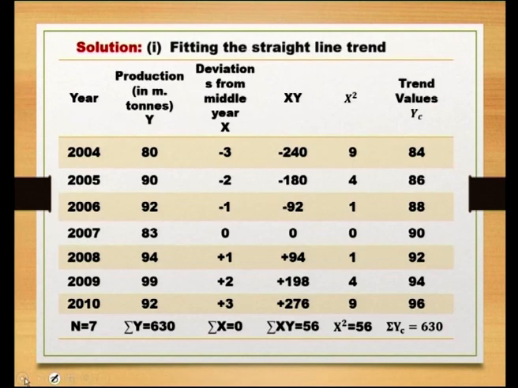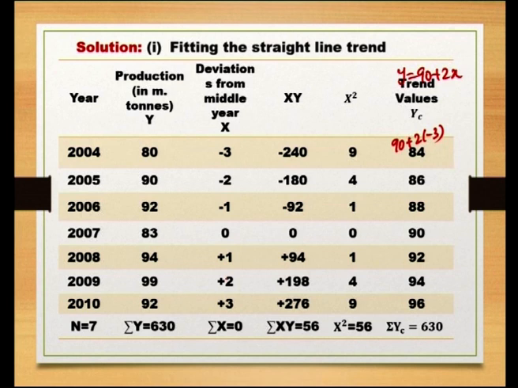Using this trend equation, we have to calculate the trend values. 90 plus 2x, right? Here, 90 plus 2 into minus 3, because the x value is minus 3 here. So 90 minus 6 is 84.